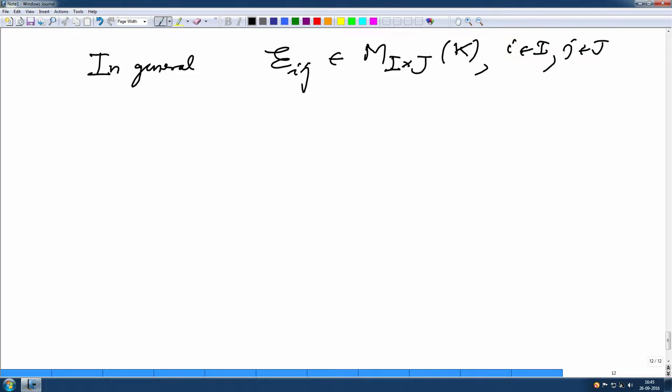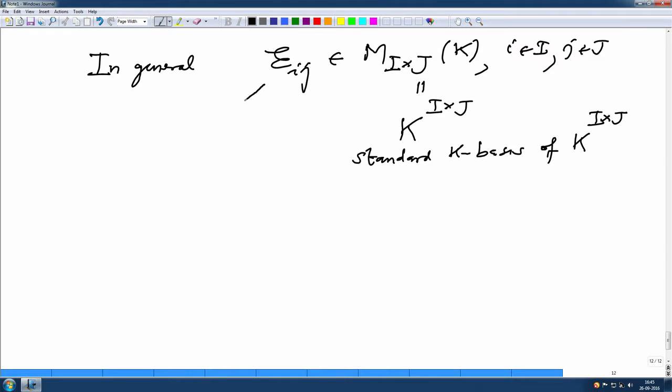It is like a standard basis. If you think of this as k power I cross J, this is a standard k basis of k power I cross J.